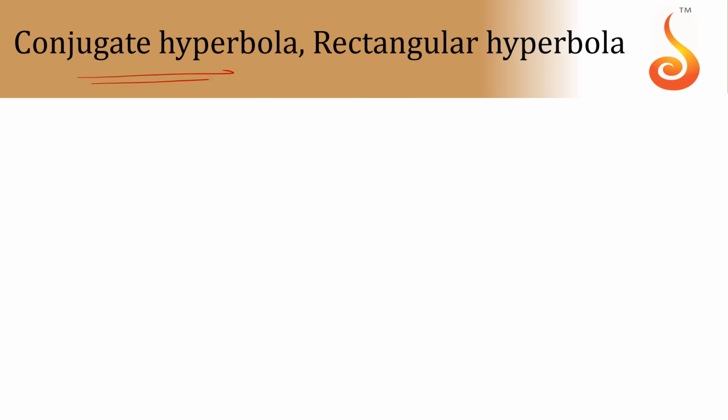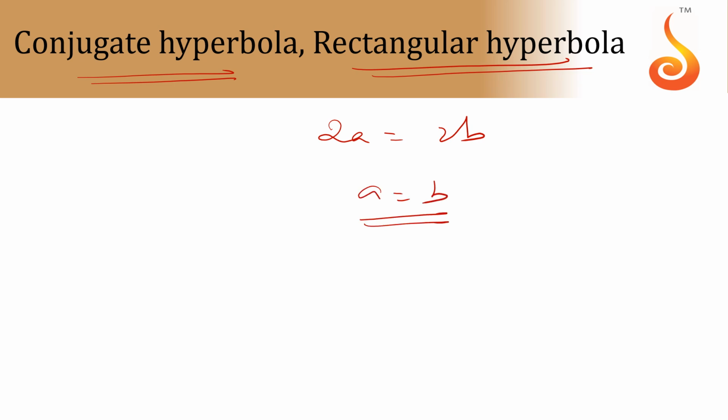Already I told what a conjugate hyperbola is. Then rectangular hyperbola: I told you the length of the transverse axis will be equal to the length of the conjugate axis, so a equal to b. See, this a equal to b, I am telling in x square by a square minus y square by b square equal to 1, or minus 1, no problem. In that I am telling the values a equal to b, length of transverse axis equals length of conjugate axis.